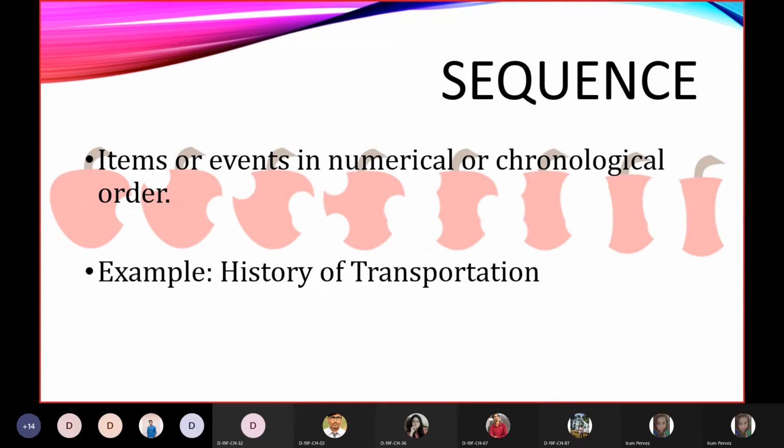For example, we have transportation and descriptive. So how can we write a sequence paragraph on transport? We can write the history of transport. So when you would be writing the history of transport, you won't be writing that everything was not created, but an aeroplane was created.